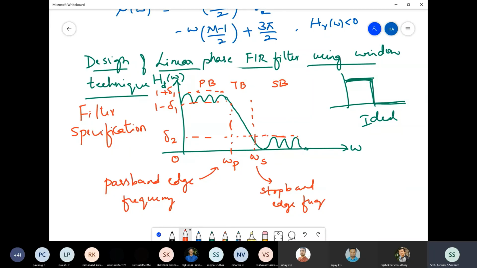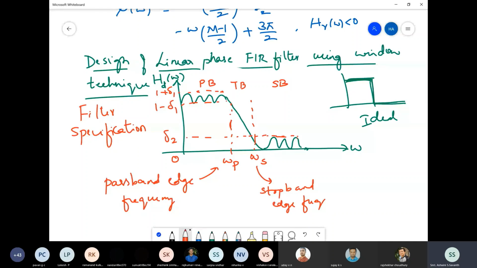So these are called the filter specifications. They are going to give you omega p, omega s, delta 1 and delta 2. If these 4 parameters are given to you and they say it's a low pass filter, you can easily draw this frequency response, isn't it? You know the pass band and stop band edge frequencies and what ripple you can expect in the pass band and the stop band.